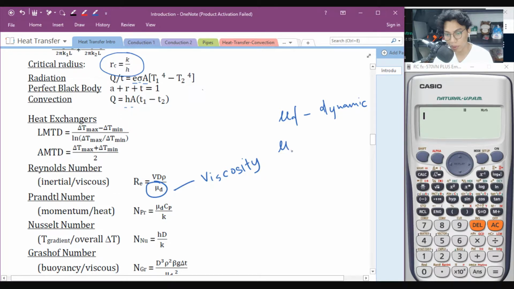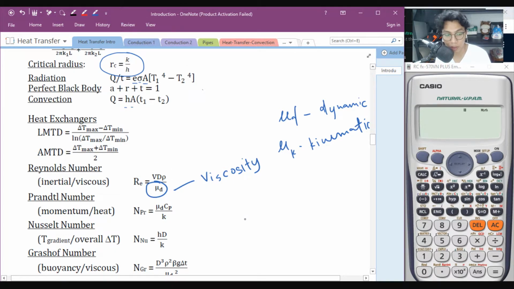Kapag μ and k, this is kinematic. One is moving, one is stationary. Okay. Ito is velocity, tapos ito diameter. Tapos yung rho dito is the density of the fluid. Okay? Unitless po ito.